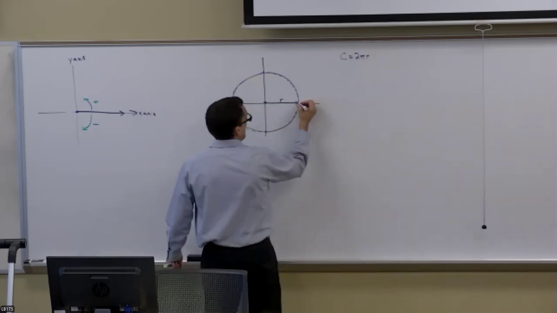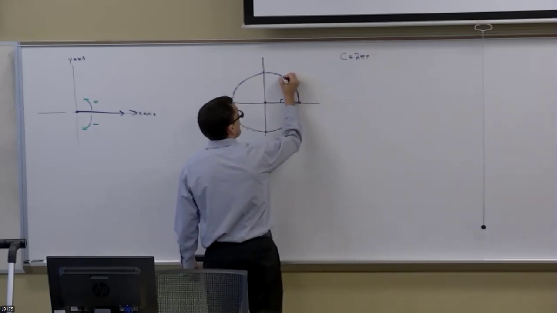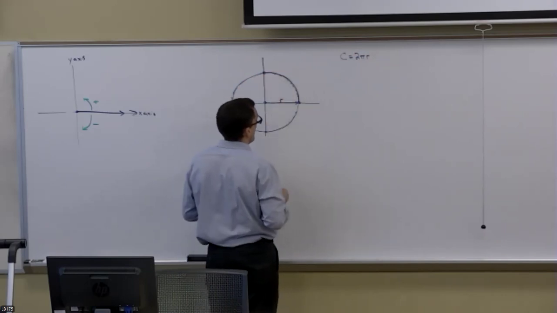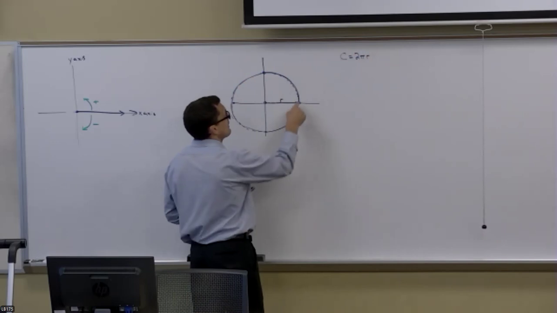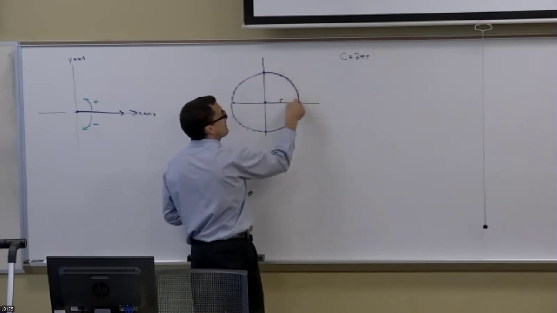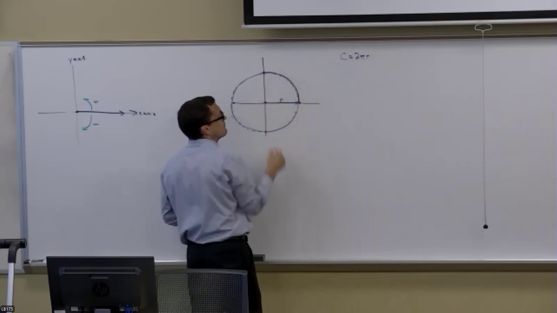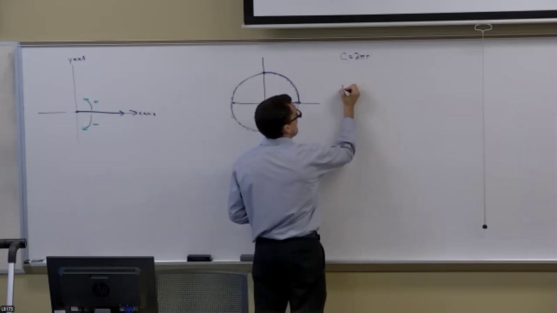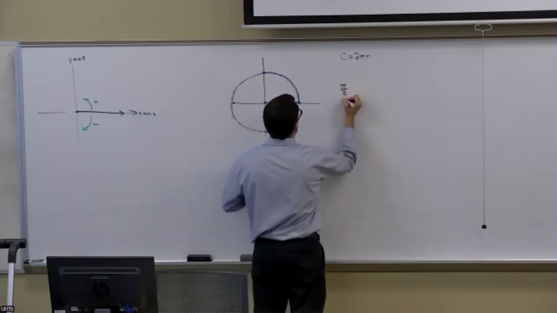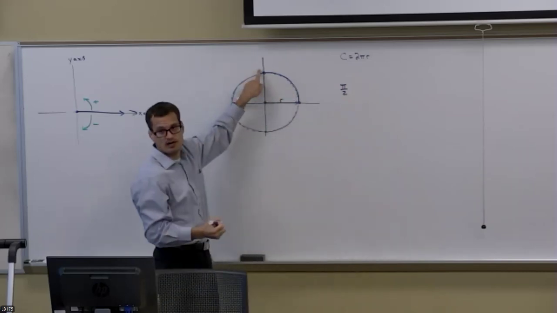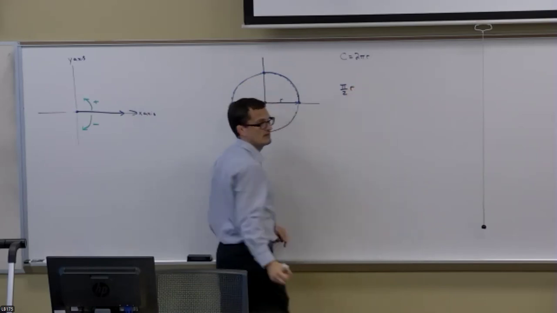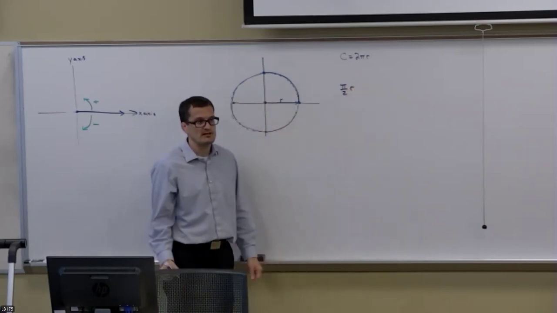If I move a quarter of the way around this circle, then the length that I would have moved is, well, I would have moved pi over 2 radians, that's a quarter of 2 pi, times r. We follow that, times the radius.